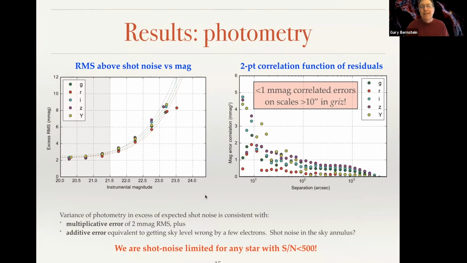So essentially what this means is that the local calibration of the device is shot noise limited for any star with signal to noise less than 500 in a single visit, which is really quite good. I don't think we get many stars, I don't know if LSST can measure a star at higher signal to noise than that without being saturated. So in some sense, this calibration is perfect.